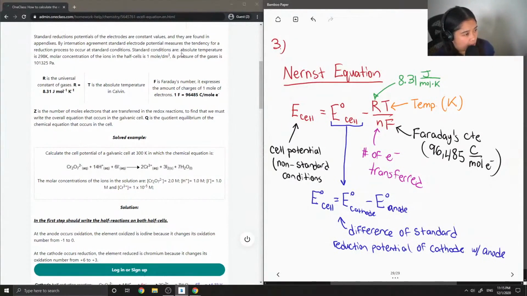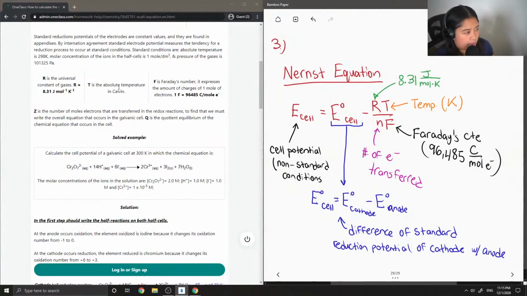Standard conditions are absolute temperature, which is 298 Kelvin, molar concentration of the ions in the half cells is 1 mole per decimeter cubed, and pressure of the gases is 101,325 pascals. So they have R as the universal constant of gases equal to 8.31 joules over mole times Kelvin.